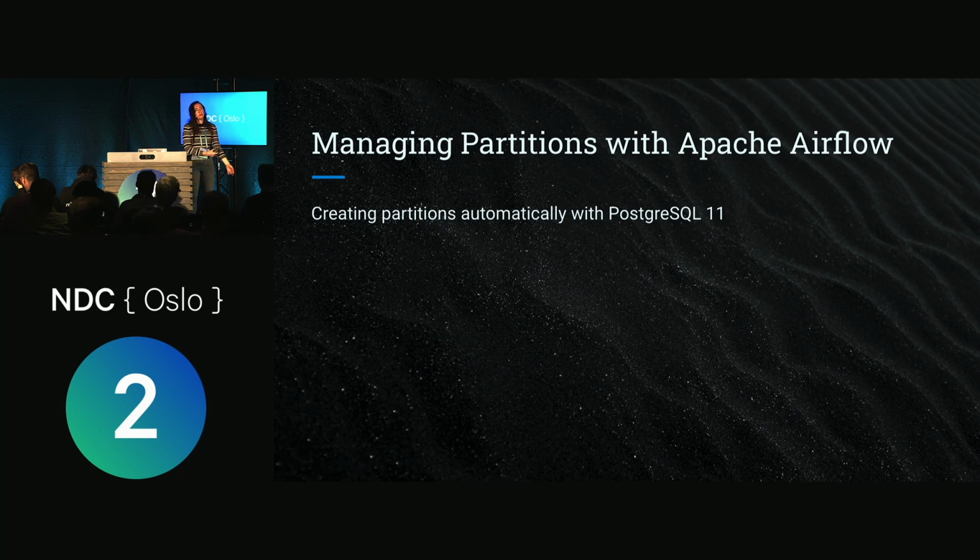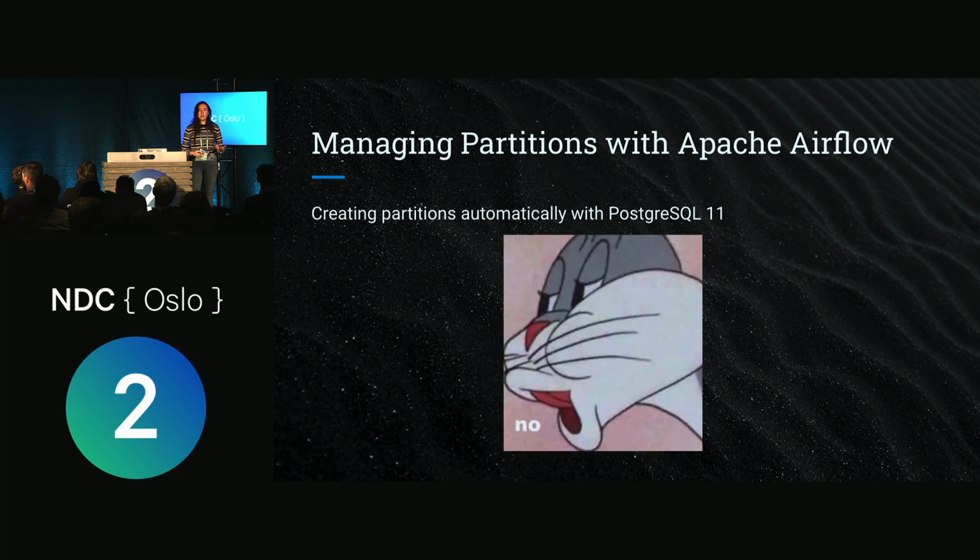Cool. Just to mention, I've said that we decided to manage our partitions on a weekly basis. If you're wondering whether Postgres 11 has the possibility of creating partitions when the data arrives, a capability that a lot of relational databases have today, the answer is no, it does not. And so we actually had to create an entire system based on Airflow that would manage these partitions for us.